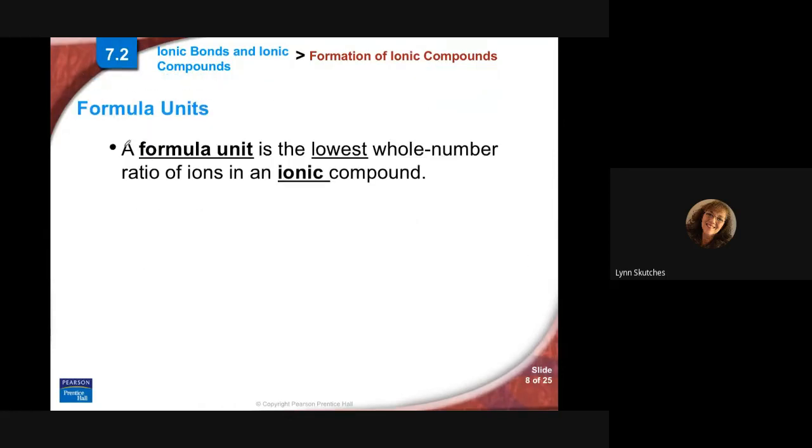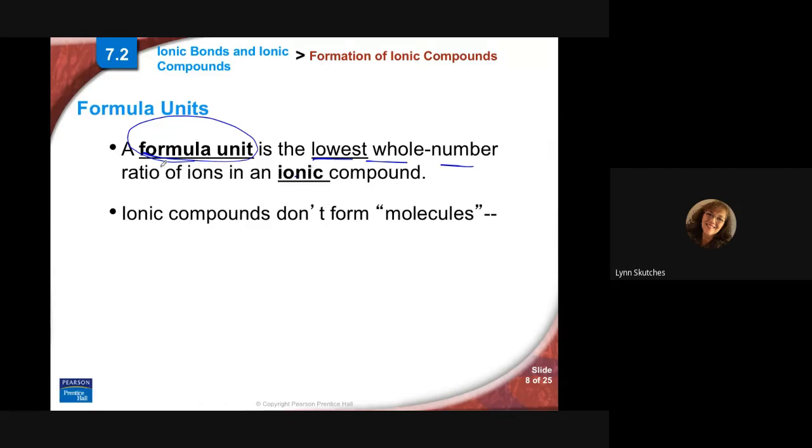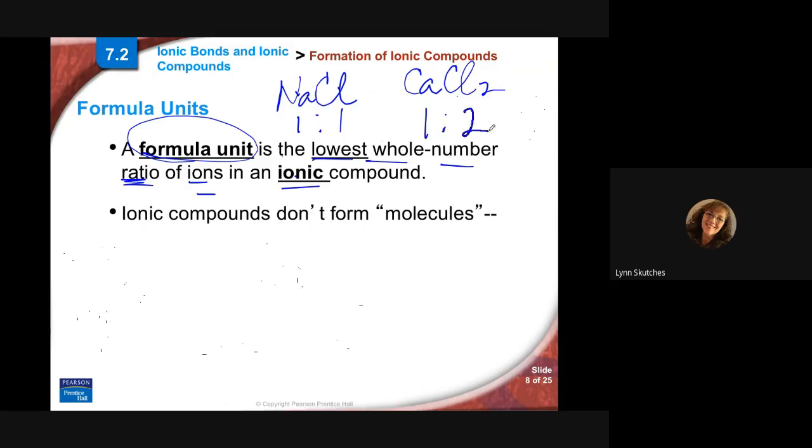Okay, formula unit. Instead of calling them molecules for ionic compounds, we call them formula units. It's the lowest whole number ratio of the ions in an ionic compound. So when I look at sodium chloride, it's a 1-to-1 ratio. One of these goes with one of these. When I look at calcium chloride, it's a 1-to-2 ratio.